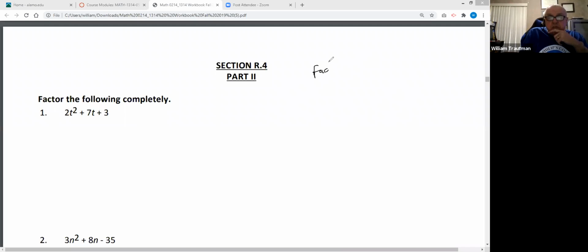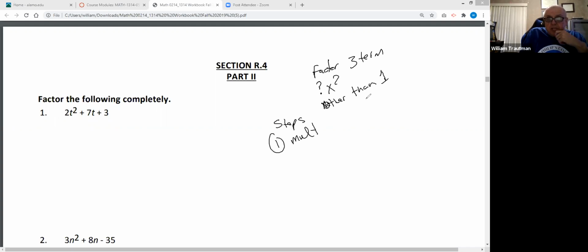Factoring 3 terms with something other than 1 here. Steps. Step number 1, multiply A times C. By the way, this is called the AC method.